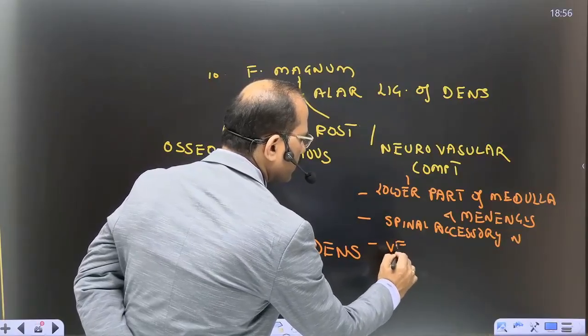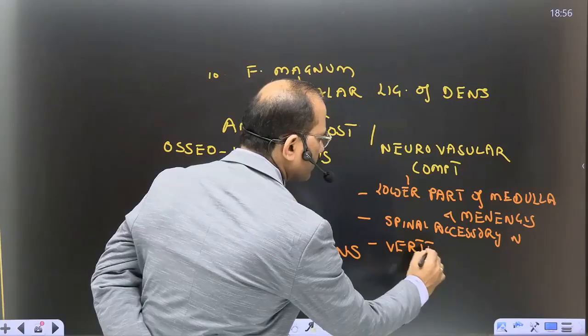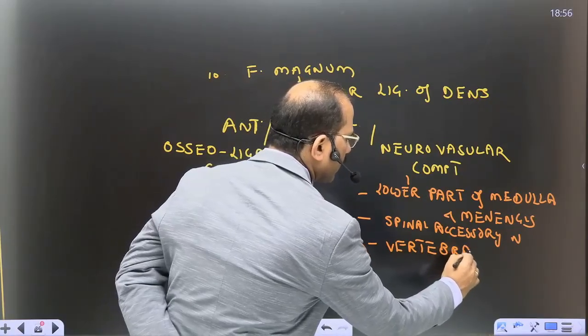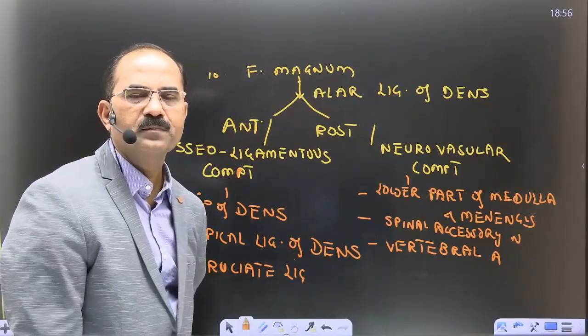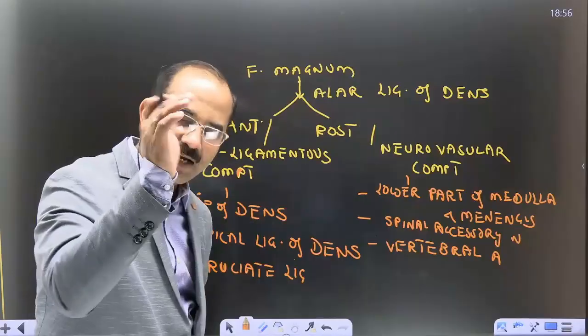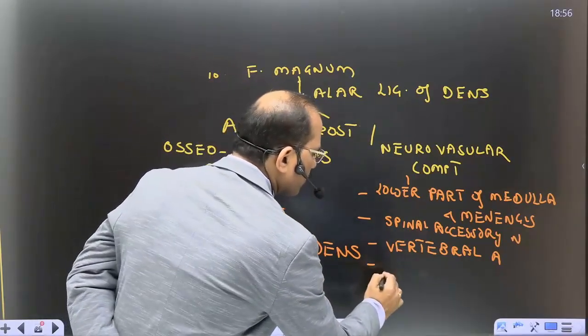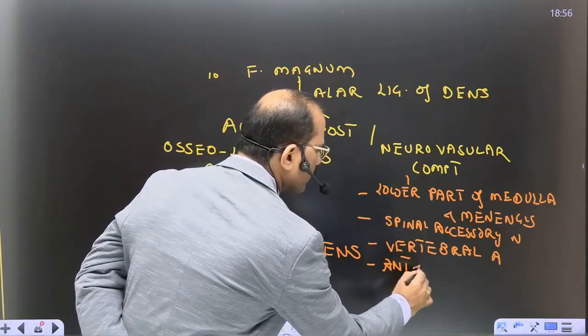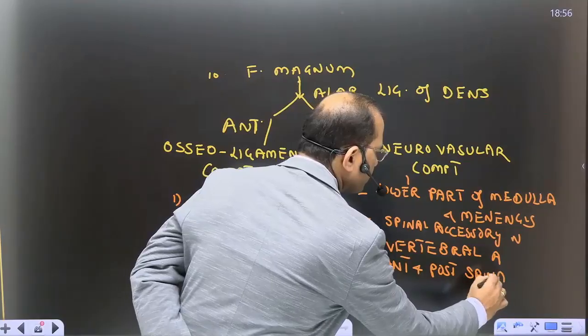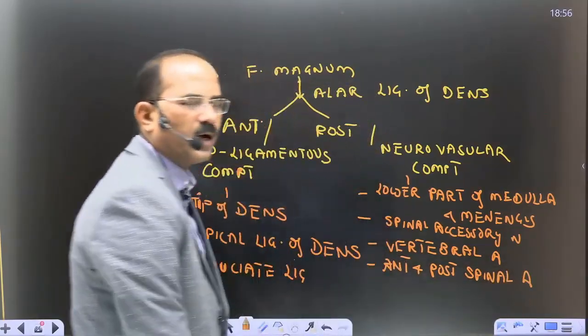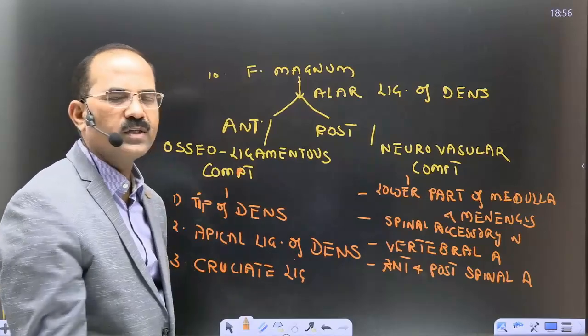The vertebral artery, which enters the skull through this foramen. The branches of the vertebral artery go down. Which are they? The anterior and posterior spinal arteries.